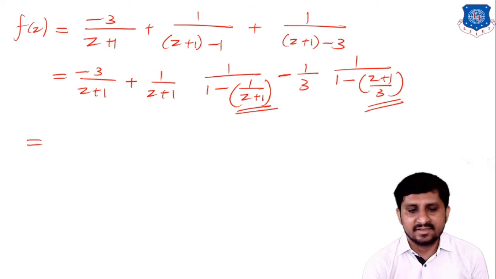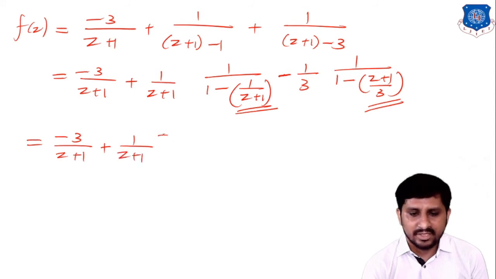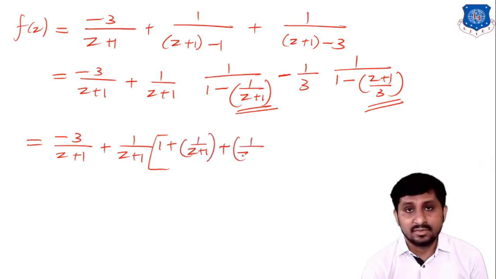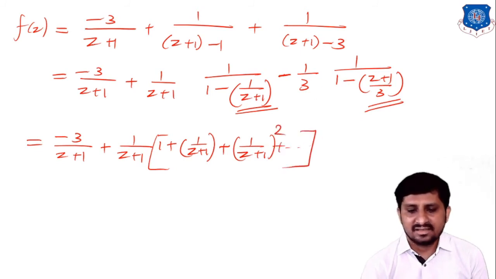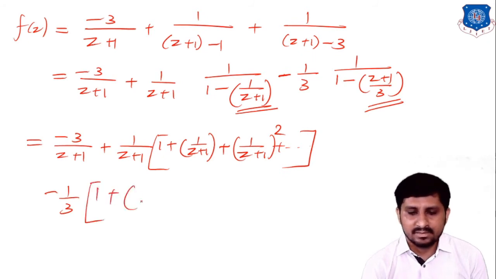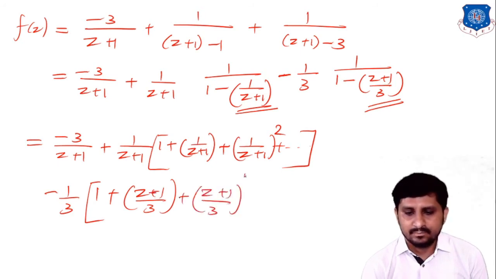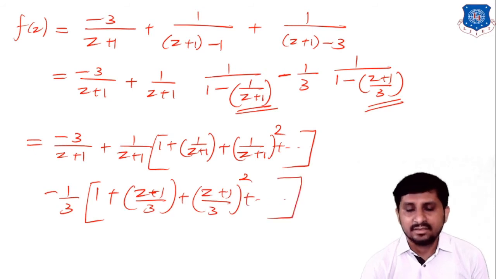So now you can express in this form: minus 3 upon z plus 1 as it is, plus 1 upon z plus 1 times 1 plus 1 upon z plus 1 plus 1 upon z plus 1 whole square and so on, and the last term you can write minus 1 by 3 times 1 plus z plus 1 by 3 plus z plus 1 by 3 whole square and so on.